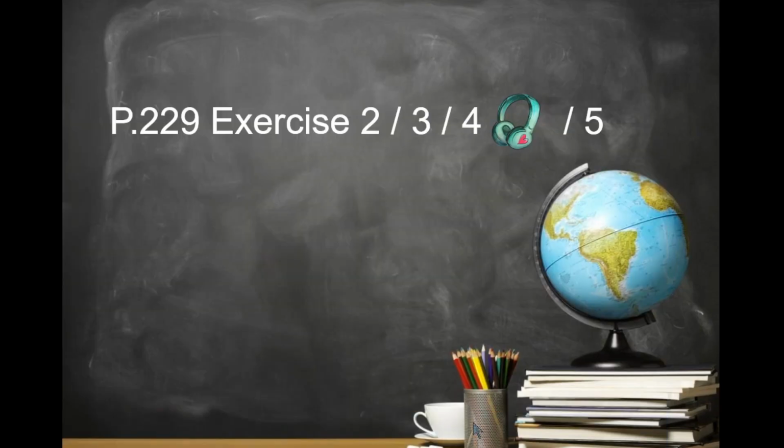Chapter 9. Comparisons. Exercise 4, page 231. Example. You will hear, Brigitte isn't as old as Laura. You will write, isn't as old as. 1. Laura is as old as Tanya. 2.